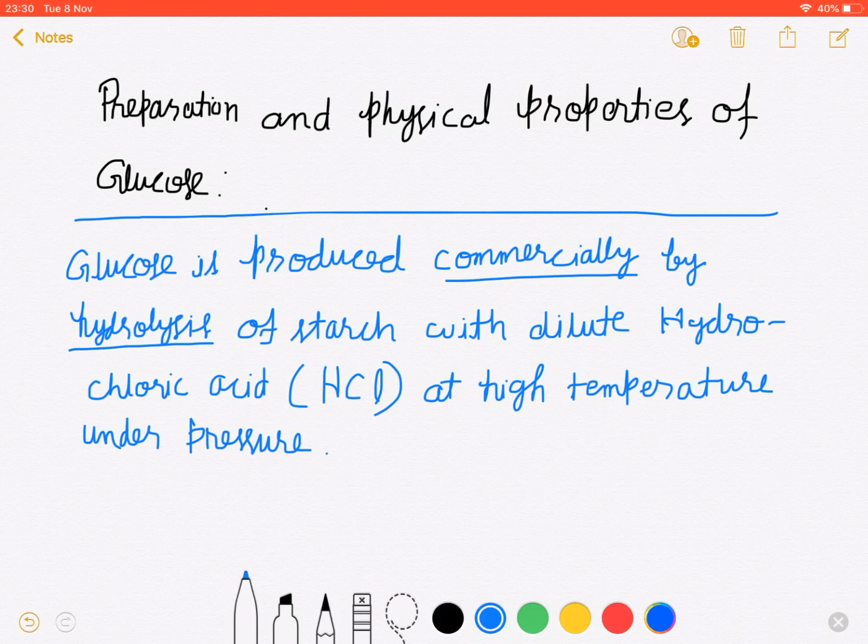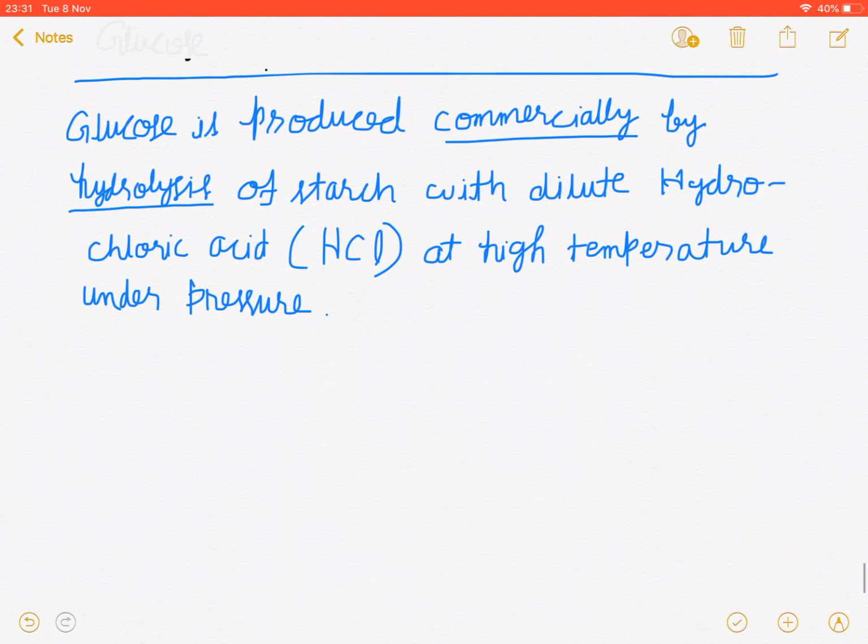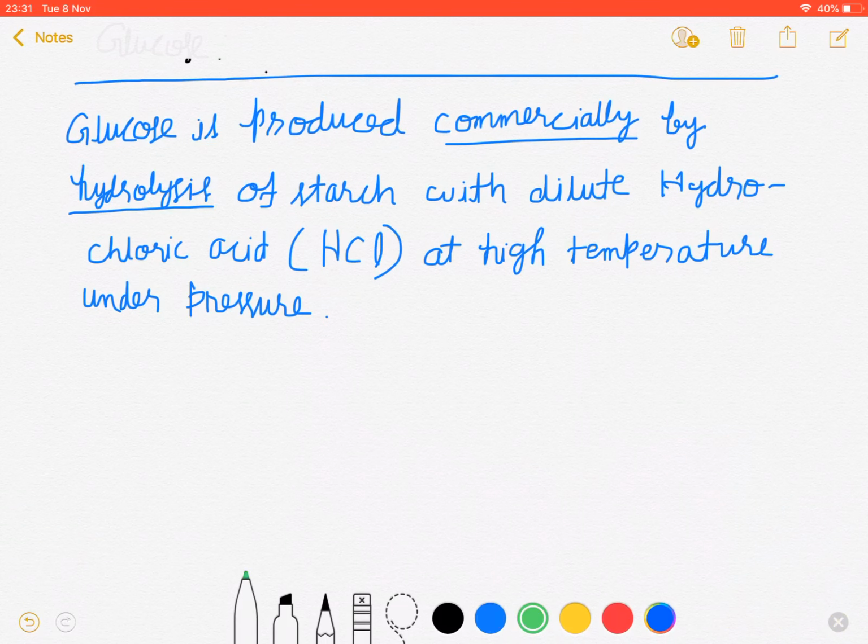So this is how glucose is produced. Now let me introduce you to the chemical reaction.